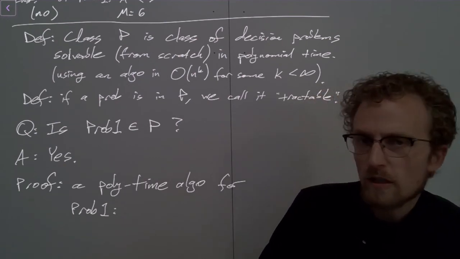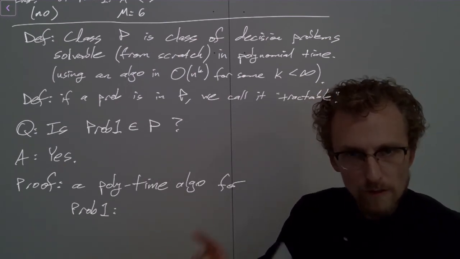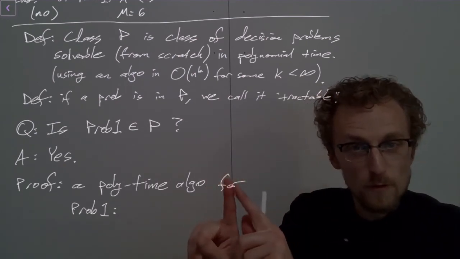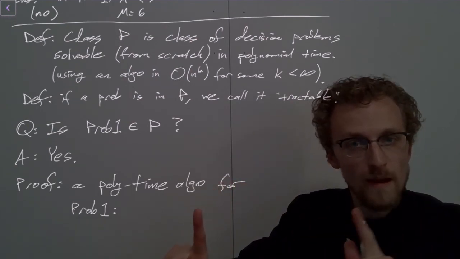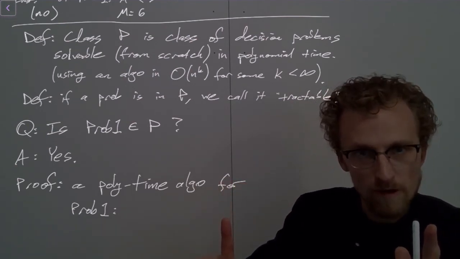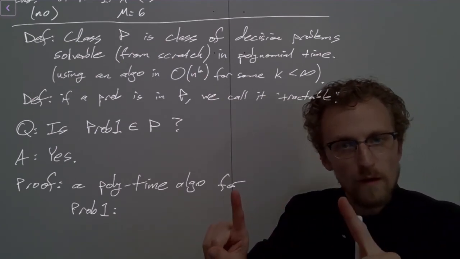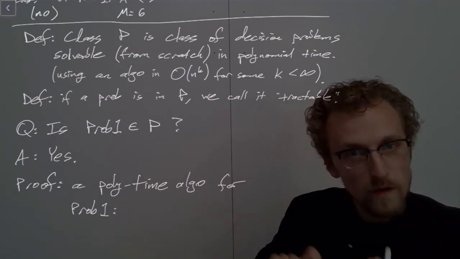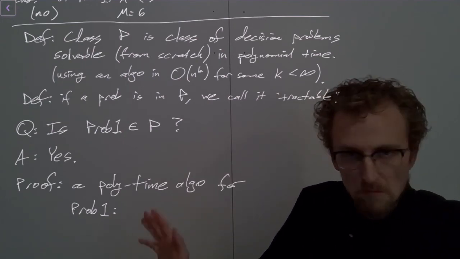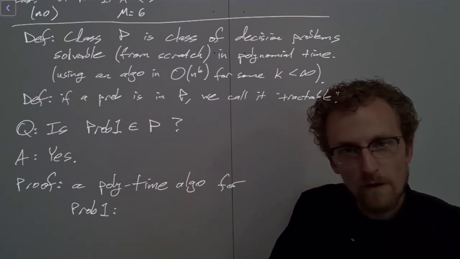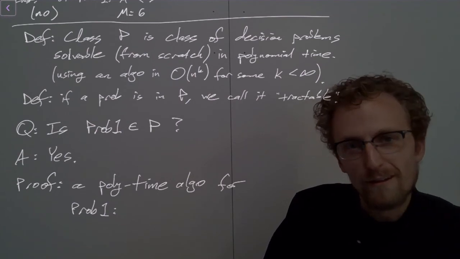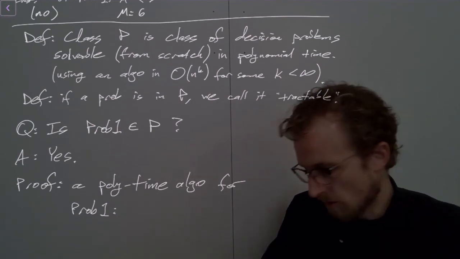I'll informally say what the algorithm is. You walk down the array, and if you walk all the way to the end and find nothing that's larger than m, then you return no. However, if you find something greater than or equal to m at some point, you return yes. That's an algorithm for identifying whether an instance is a yes instance or a no instance.